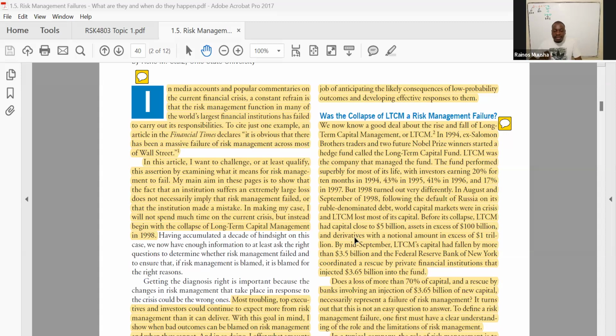A derivative is an investment instrument that derives its value from the performance of the underlying asset. So a derivative is an investment security that derives its value from the performance of the underlying security.